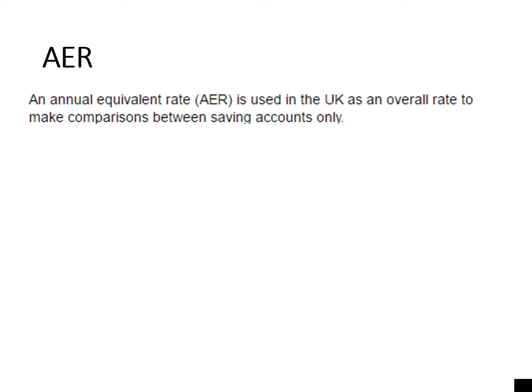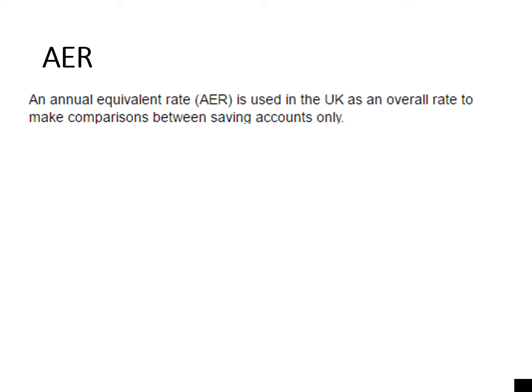Whereas APR is used to compare the cost of schemes for borrowing money, AER, the annual equivalent rate, is used to compare savings schemes. Why might savings schemes be different?